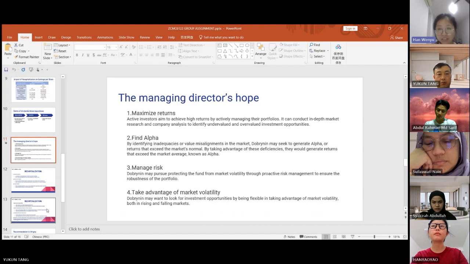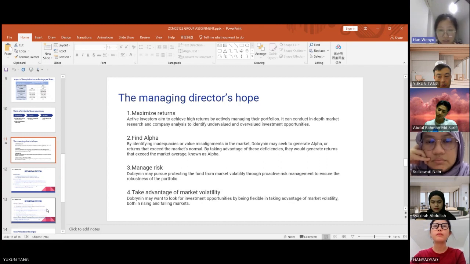What is the managing director of the hedge fund hoping to accomplish through her active investor strategy? We think Blanca may want to achieve specific financial and strategic goals. First one, of course, is to maximize returns. In general, an active investor aims to generate high returns by actively managing their portfolio.